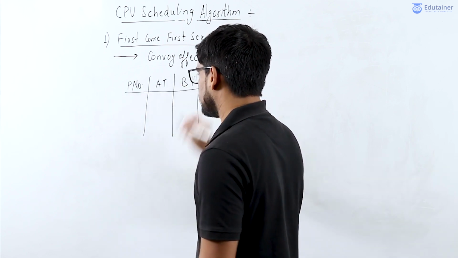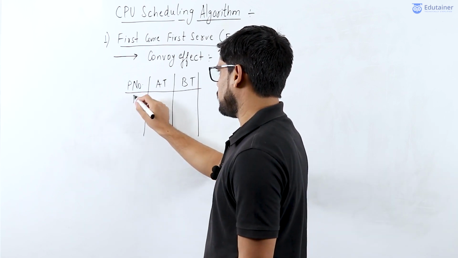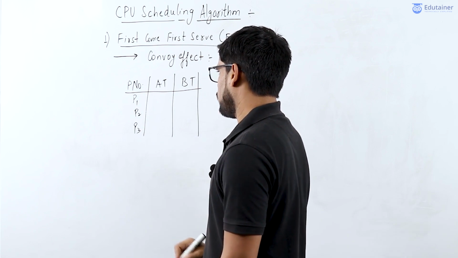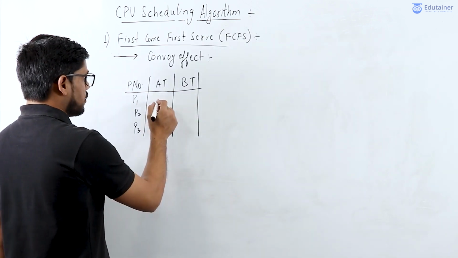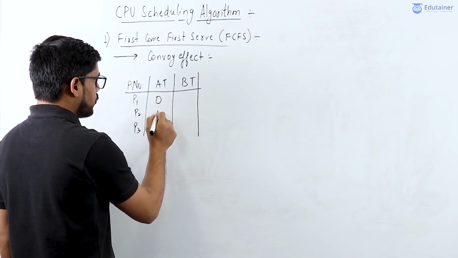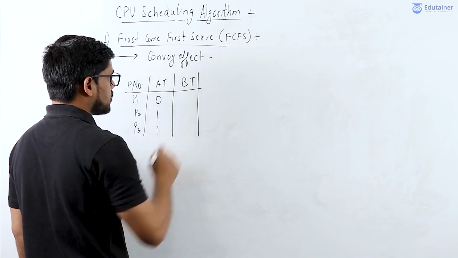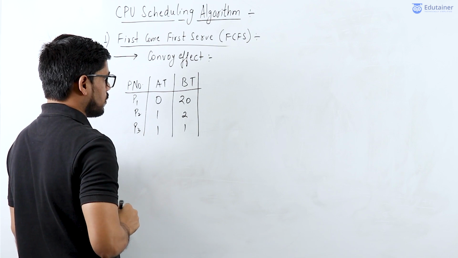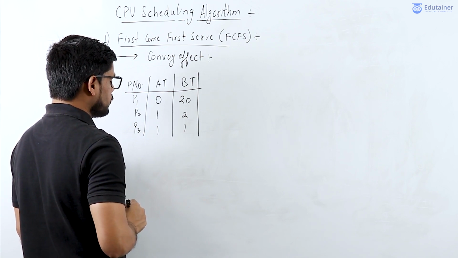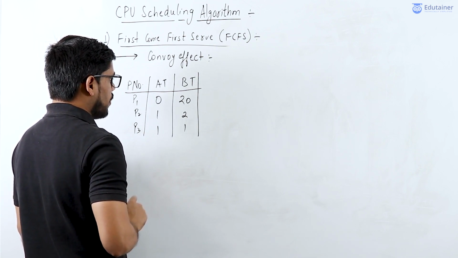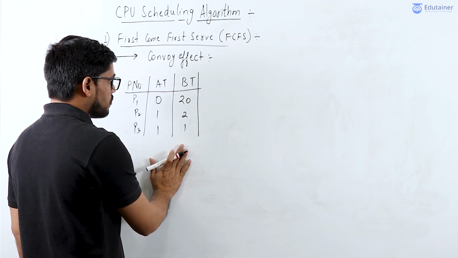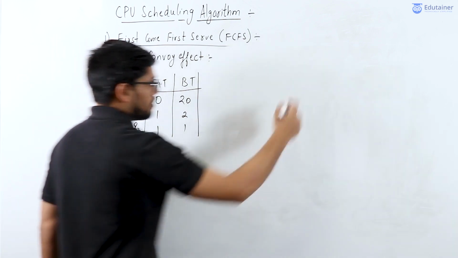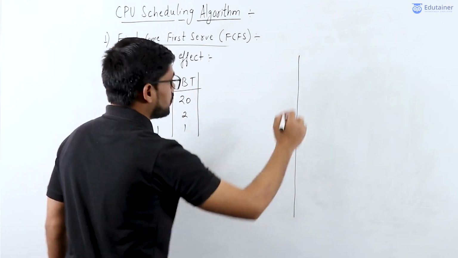Let's assume we have three processes P1, P2, P3, and their arrival times are 0, 1, 1, and the burst times are 20, 2, 1. Now we have to find the average waiting time of these three processes.